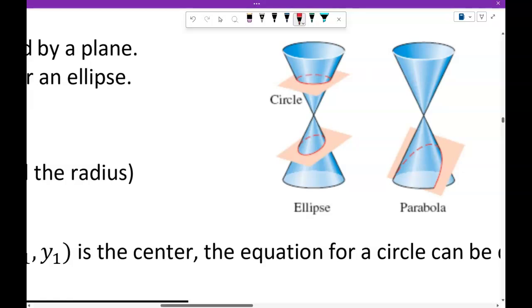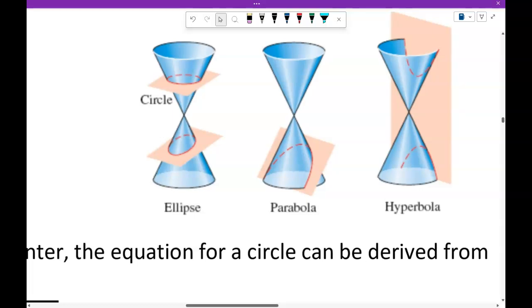If we slant that plane just a little bit, and we can make it more and more eccentric, now we're stretching out the circle and we get an ellipse, which is an eccentric or stretched out circle. If we keep slicing until we are past this bottom part, then we get our parabolic shape that we see here through the intersection.